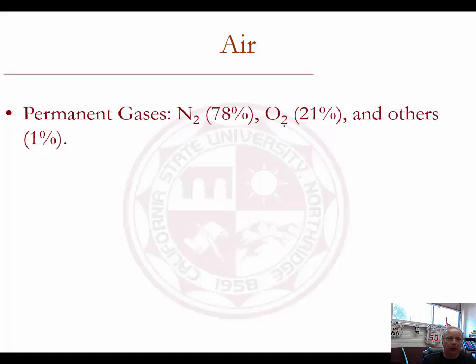A lot of people think that what we breathe is simply oxygen, but the air that we breathe is only about 20% oxygen, and most of the rest of air is N2, which is nitrogen.